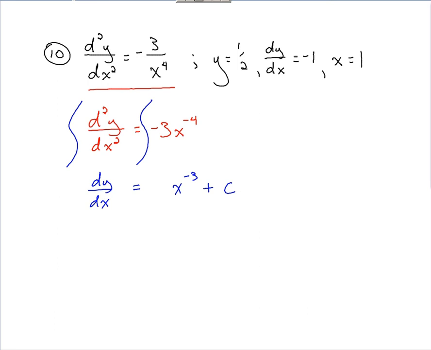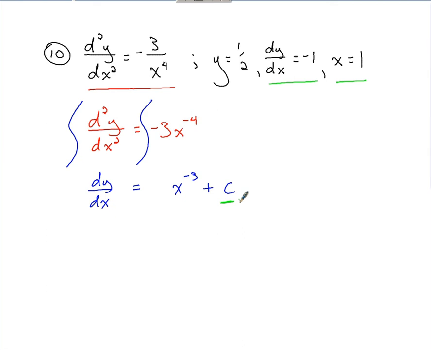Since we know what dy/dx and x equal, we could solve for c. All right, we can solve for c at this point before we proceed any further because we're not done. Right? We still have this dy/dx notation, which means we're going to have to take another antiderivative.